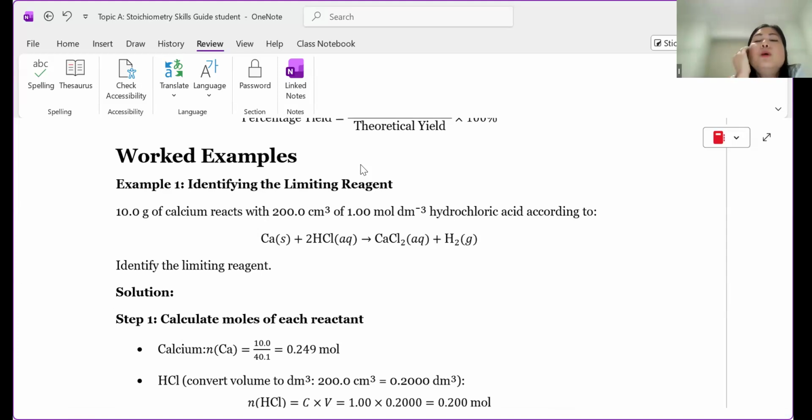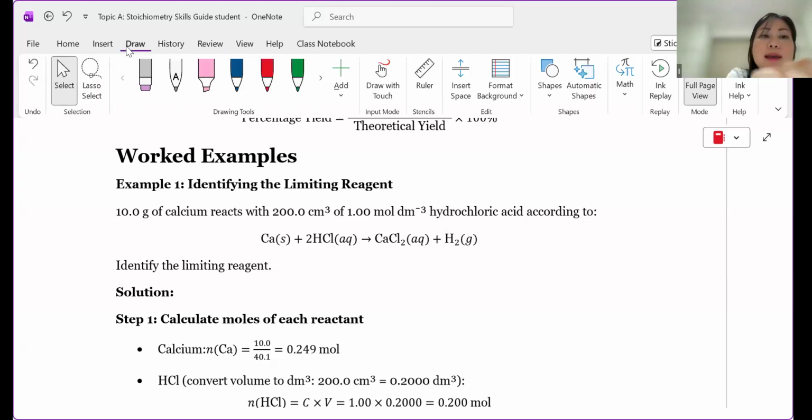But it's not true. You will have to determine the limiting reagent whenever all the reactants' amounts are given to you. I repeat, you will have to determine limiting reagent whenever all your reagents' amounts are given to you.